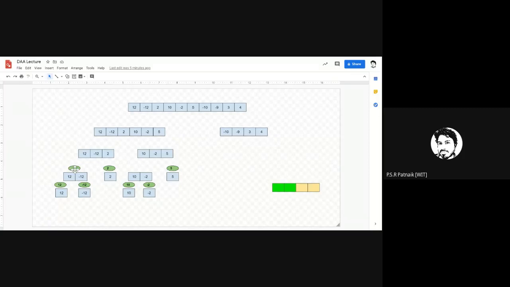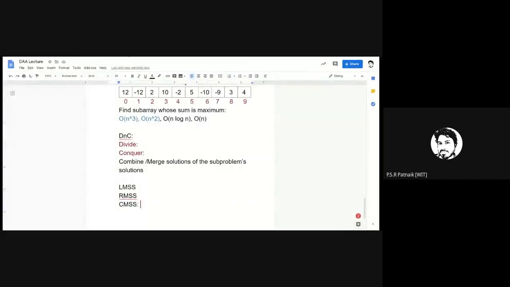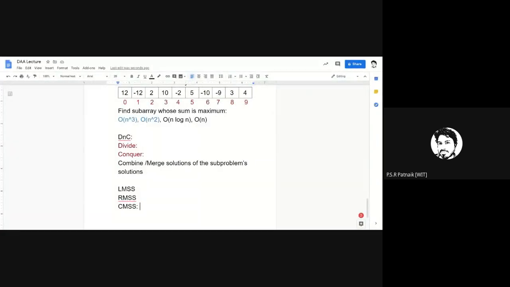The center maximum sum subarray is nothing but the addition of the max left sum and max right sum. Let me write it: it's the sum of left max sum plus right max sum.